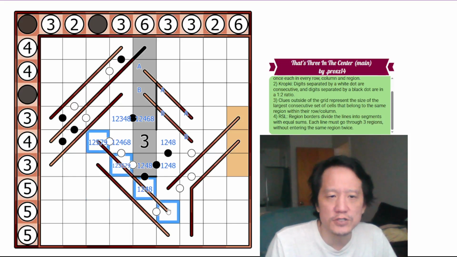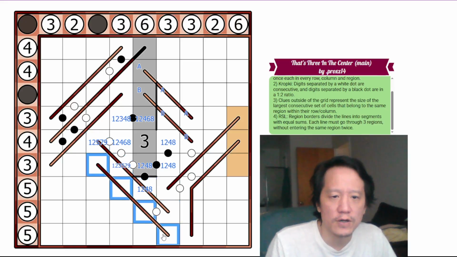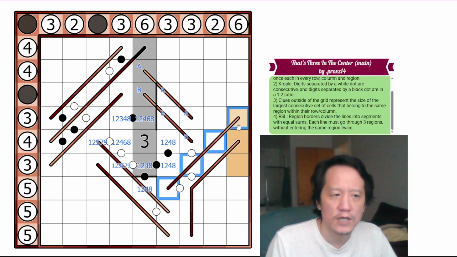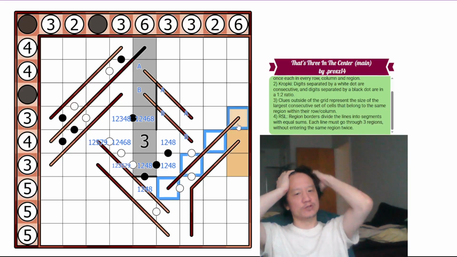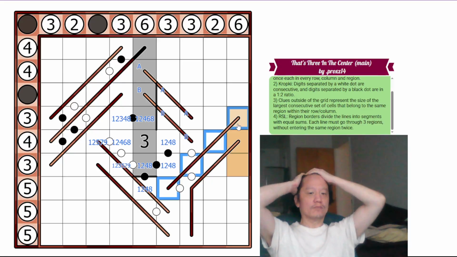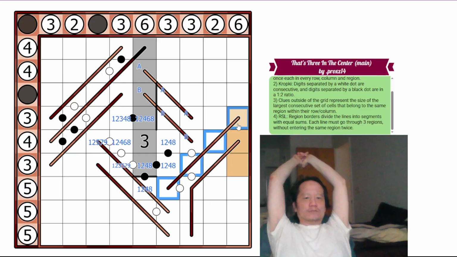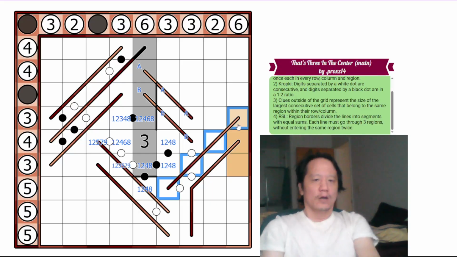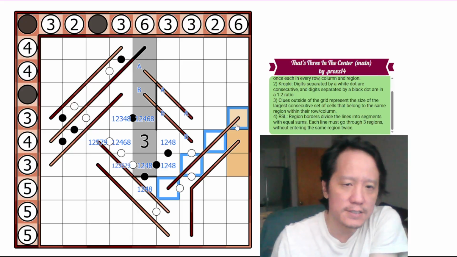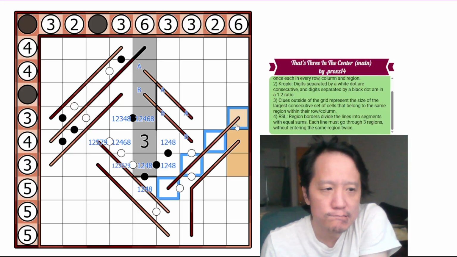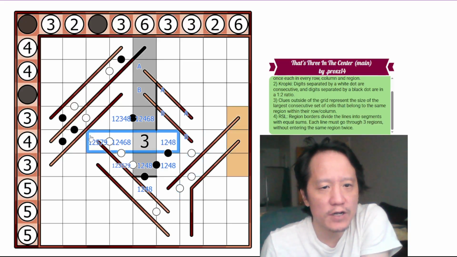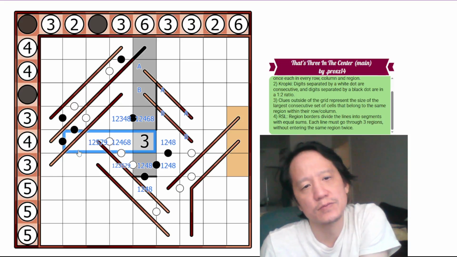2 of these digits along the 4 length region sum lines must be the same. And then there's another 2 that add up to those 2, right? Let's see. So if this is 4, I guess it could be 4 this way too.